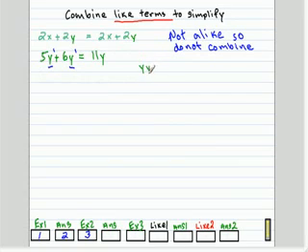If I have y times y times y times y times y, there's my 5y's, and I add to it y times y times y times y times y times y. 1, 2, 3, 4, 5, 6, 7, 8, 9, 10, 11. So I have 11y's total. 5 times y plus 6 times y gives me 11y.